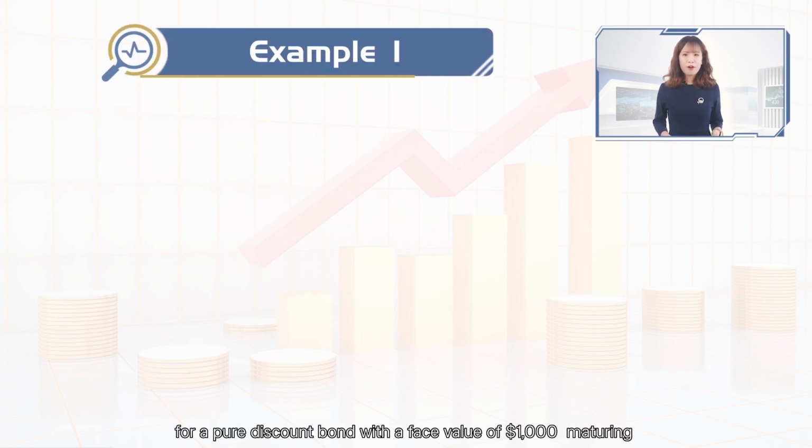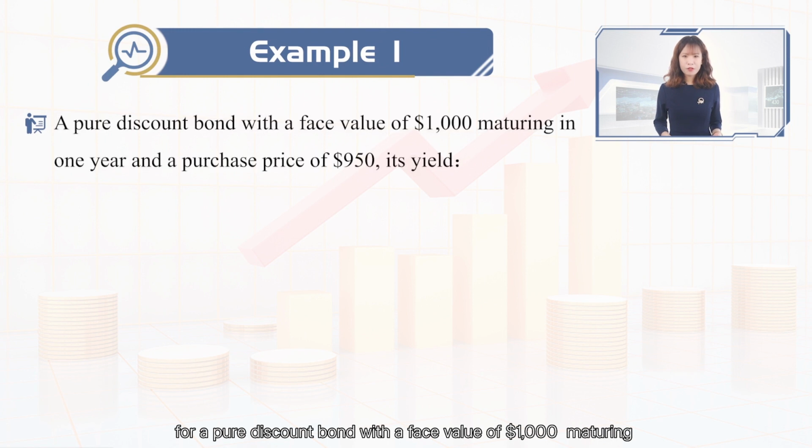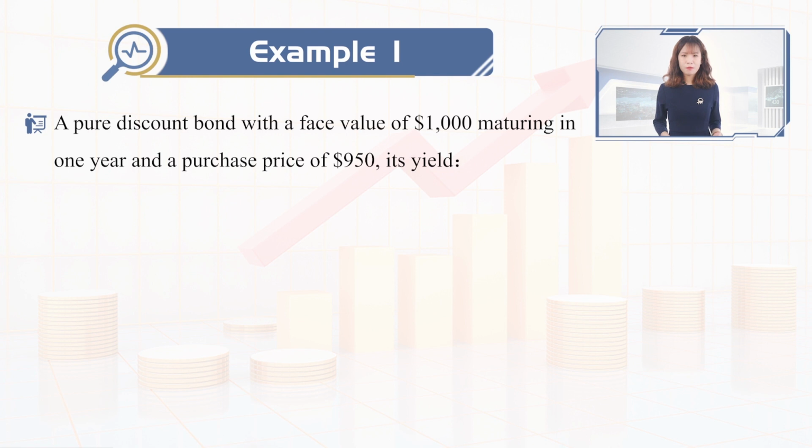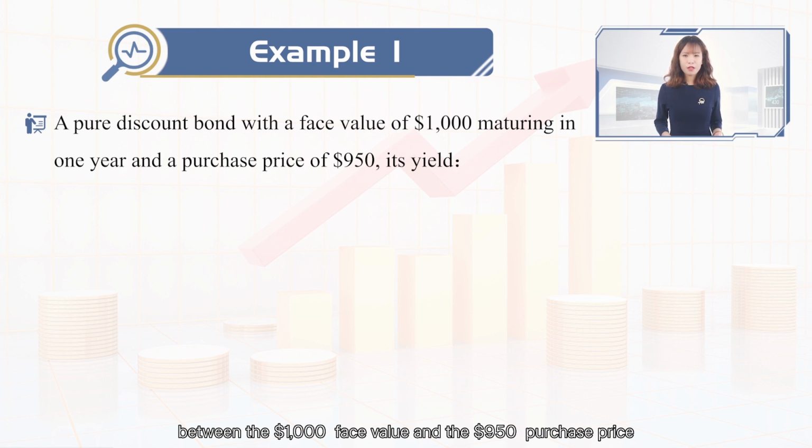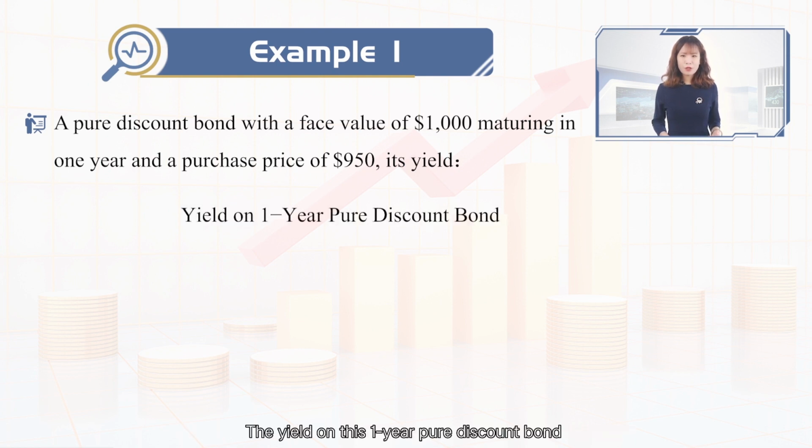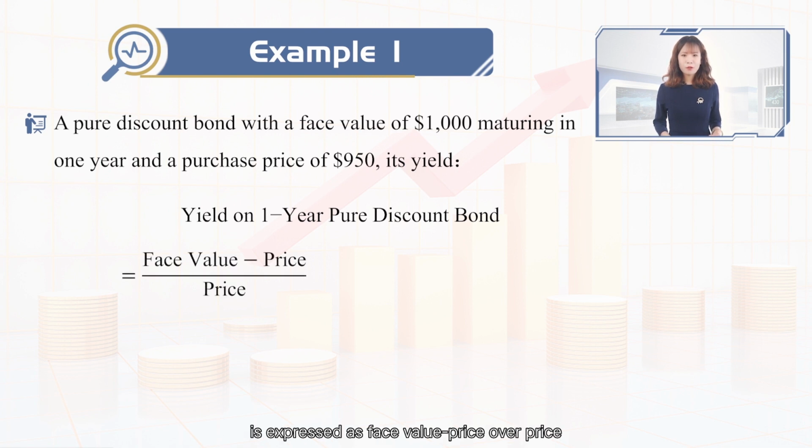For example, for a pure discount bond with a face value of $1,000, maturing in 1 year and a purchase price of $950, the interest earned is the $50 difference between the $1,000 face value and the $950 purchase price. The yield on this 1 year pure discount bond is expressed as face value minus price over price.